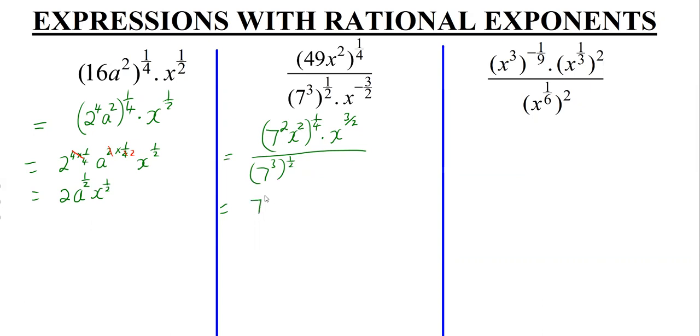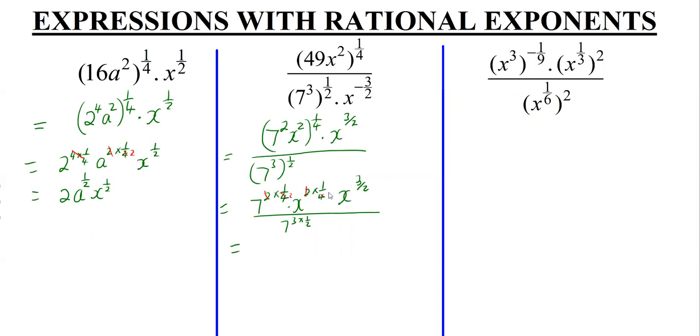So it's going to be 7, 2 times 1 over 4, okay? X 2 times 1 over 4. Then what do we get there? It's going to be x 3 over 2 all over 7, 3 times 1 over 2. Then what we get here is that we're going to cancel there. This one will cancel there and give us 2.